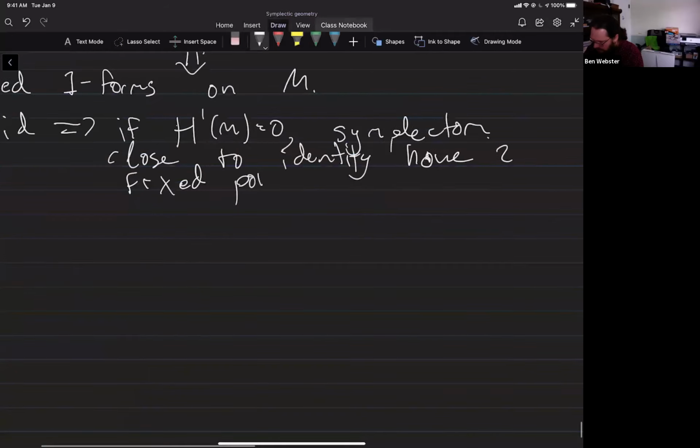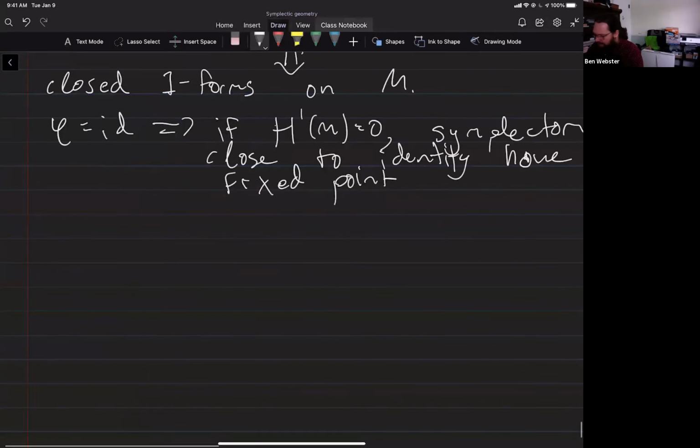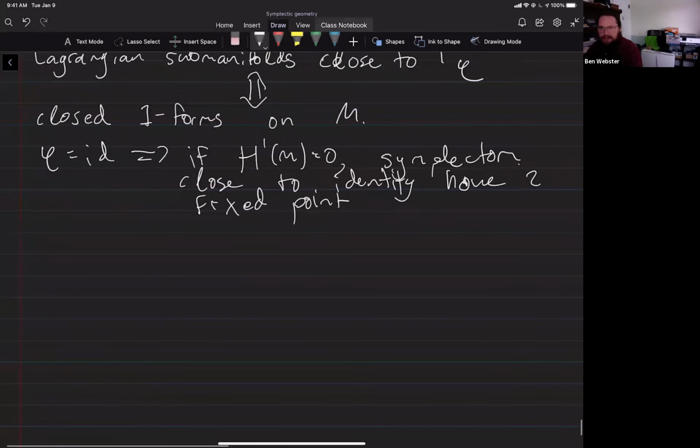And more generally, there's a bound in terms of Betti numbers. This is all discussed in more detail in Cannas da Silva.